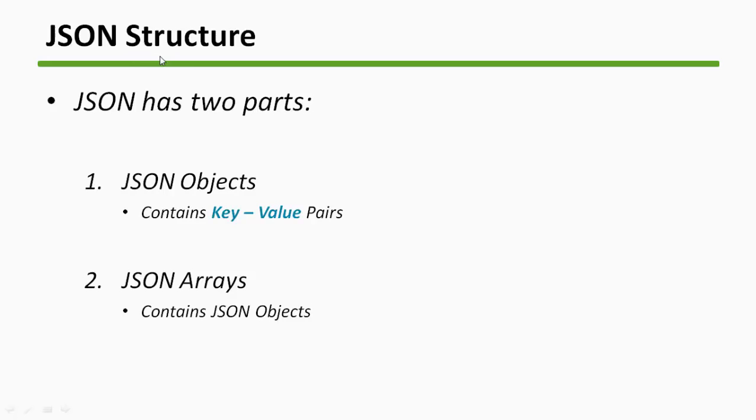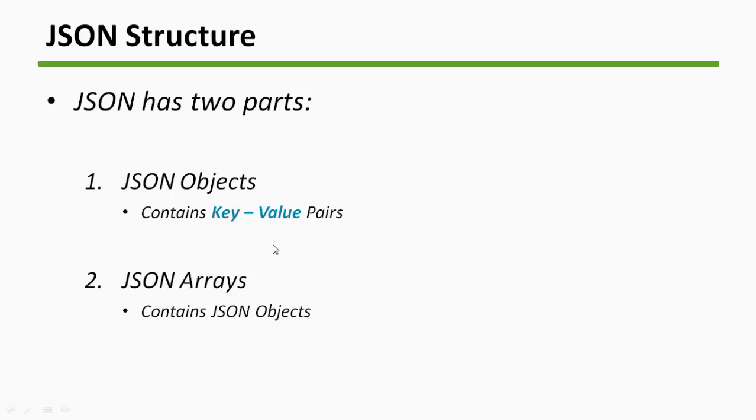So now JSON structure is built on two things. Always in JSON you will either have a JSON object or you will have a JSON array. In a JSON object, you will find key value pairs. However, in a JSON array, you will mostly find JSON objects.